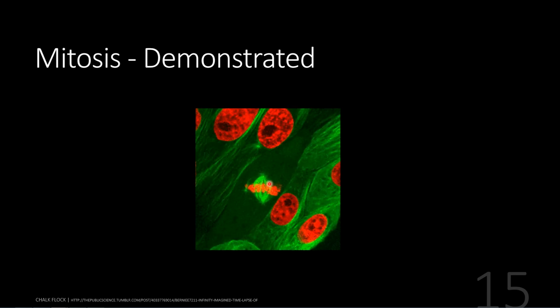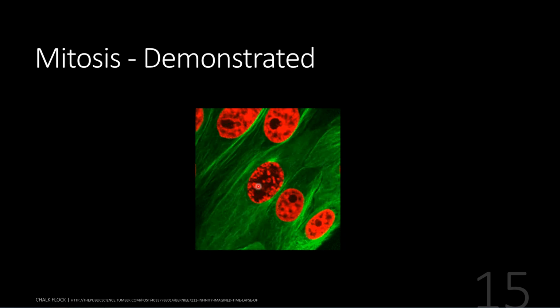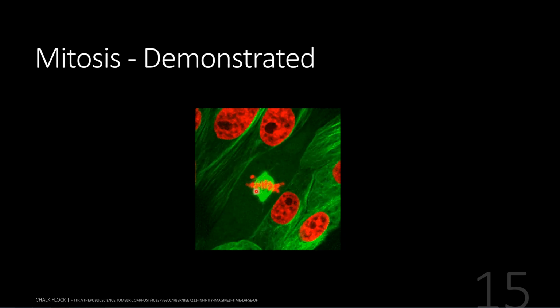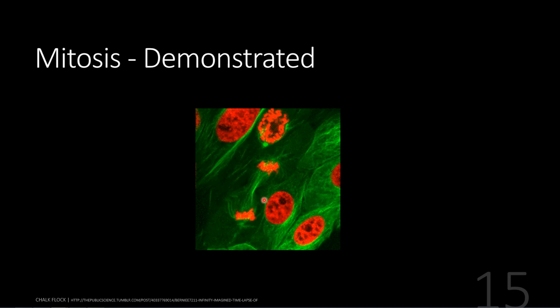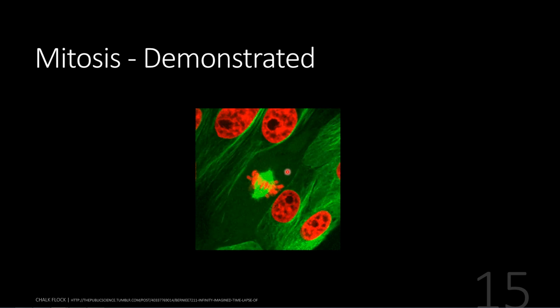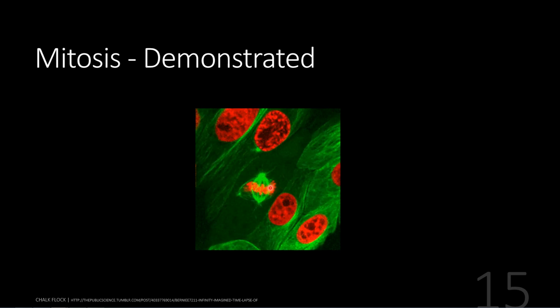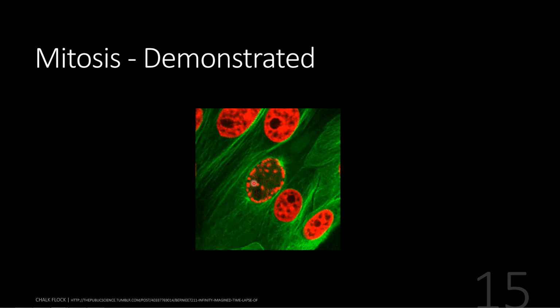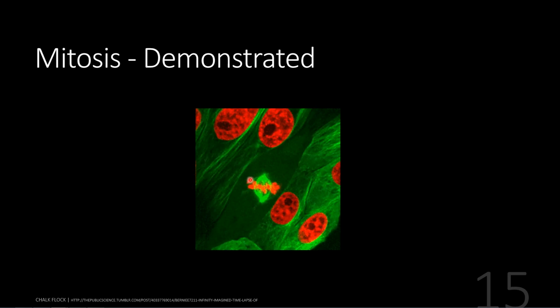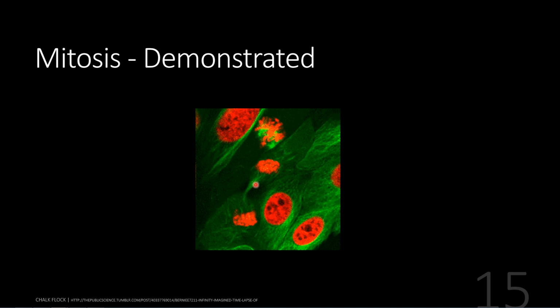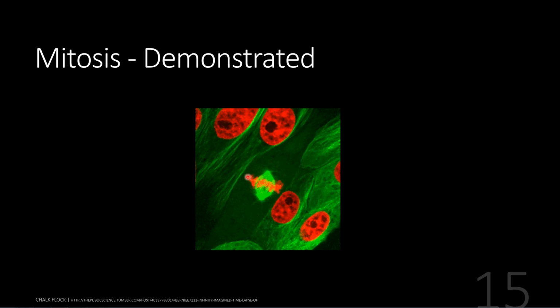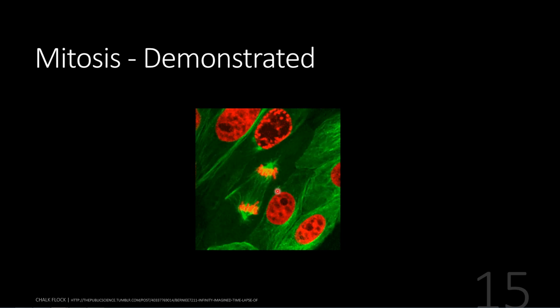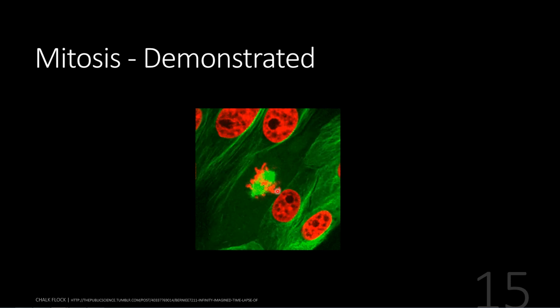And you can see here these bright green lines that just hook onto the chromosomes and yank them apart. And you can see how, really amazingly, during metaphase the chromosomes are all perfectly lined up. They line up and they literally just stay there for a little bit, perfectly lined up. It's really cool stuff.